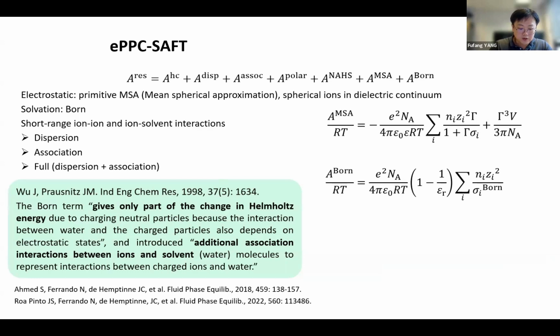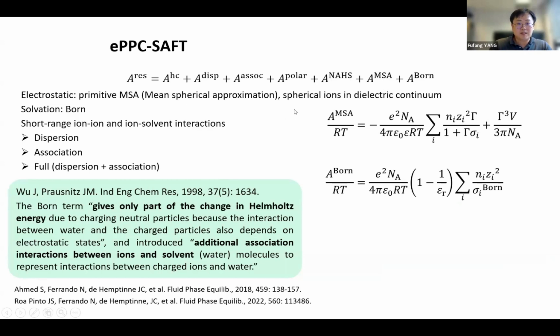This model includes a hard chain term, a dispersion term, association, polar, and non-additive hard sphere. These are terms developed before in IP, and a primitive MSA term for the electrostatic part and a Born term for the solvation part.